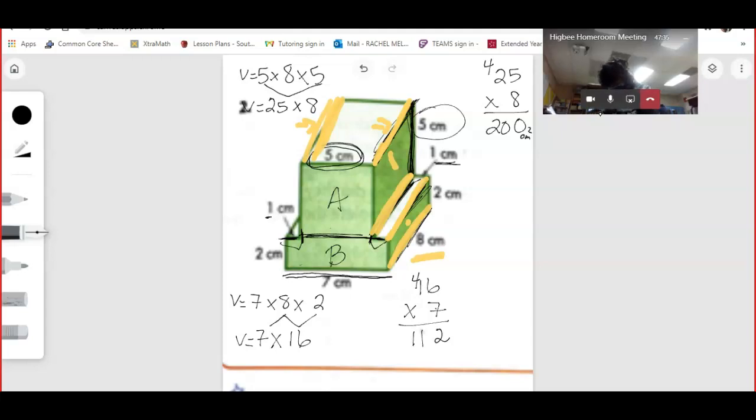So B is 112. If A was 200 and B is 112, I add them together to get 312 cubic centimeters. Questions on that?